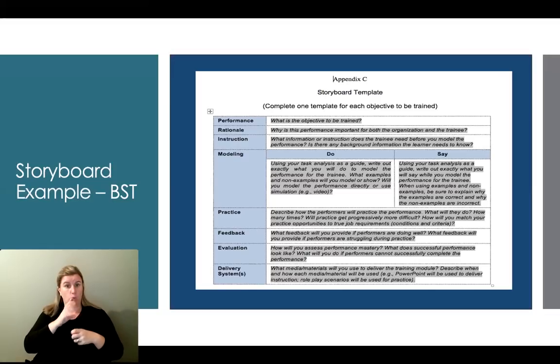Is it going to be just basic, or is it going to account for specific situations, which also relates to modeling, specific situations that may actually vary in implementation, accounting for all of those? What feedback will you provide if performers are doing well? What feedback will you provide if performers are not doing well? How are you going to evaluate this? And of course, evaluation of the delivery systems.